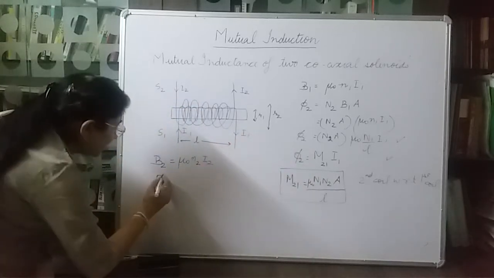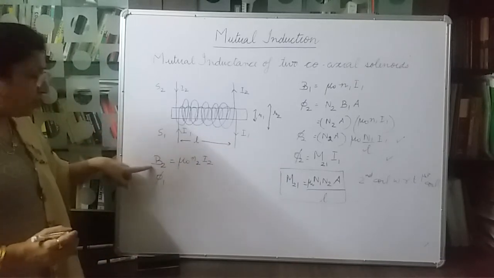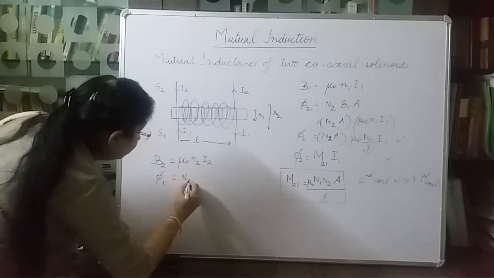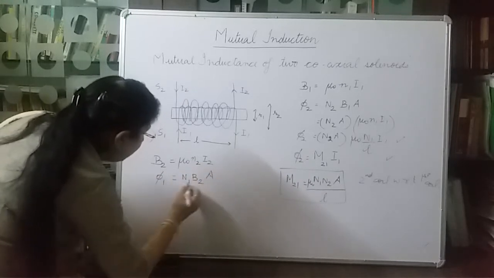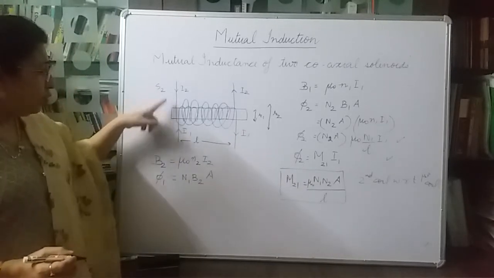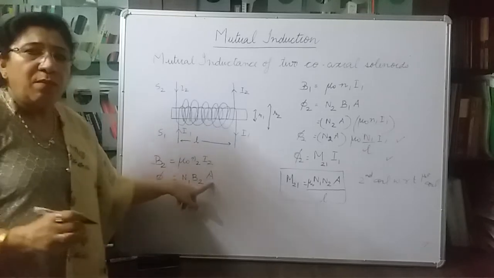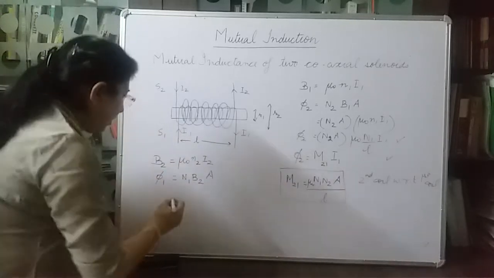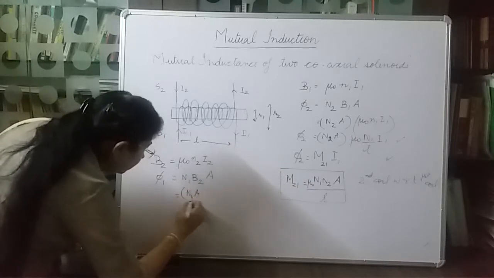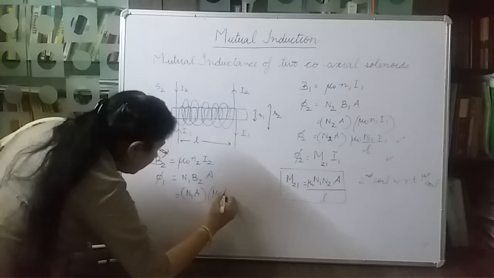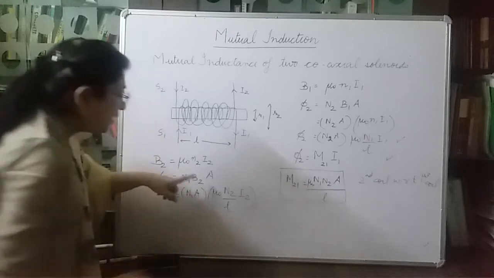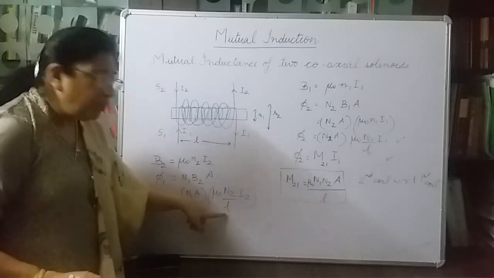And therefore, the flux linked with the first coil due to this magnetic field would be N1, the number of turns in the first coil, times the magnetic field, and the common area of cross section. Substituting here, I have written small n2 as capital N2 upon L.